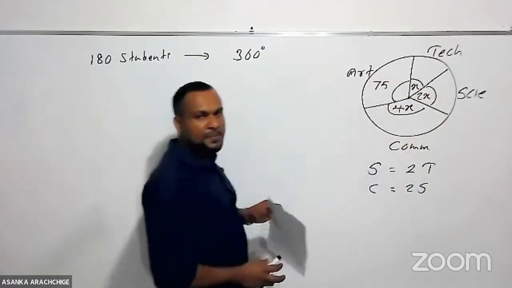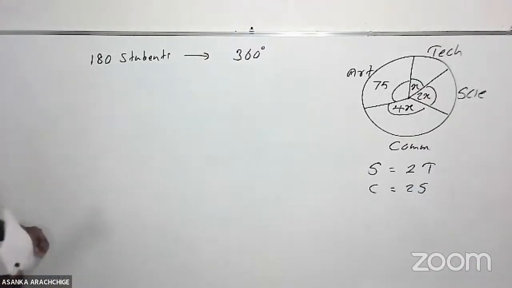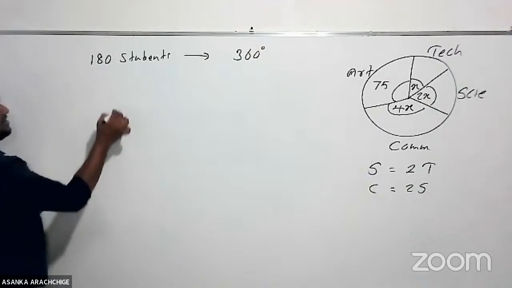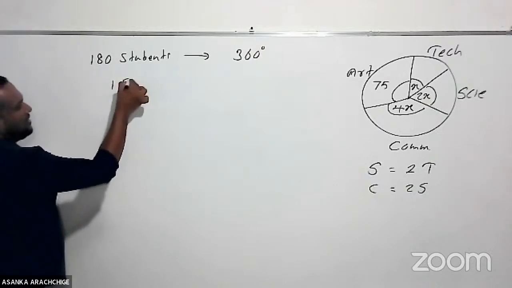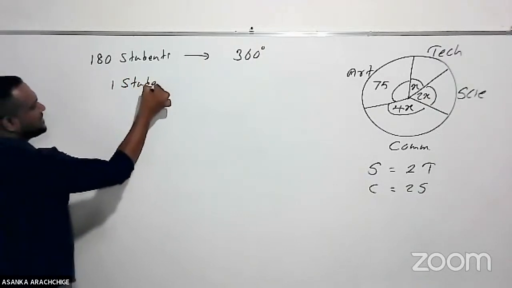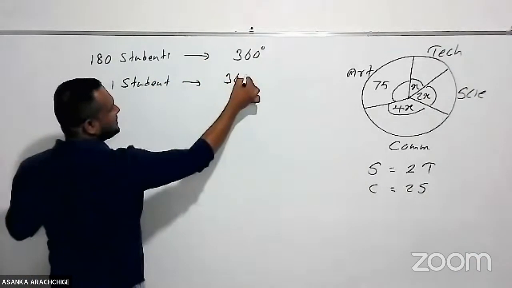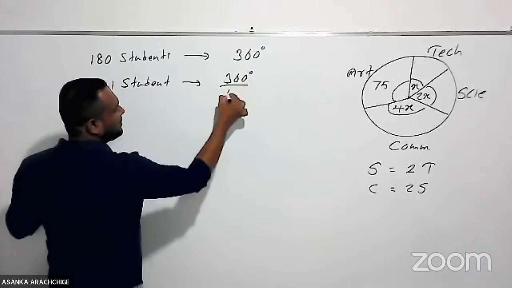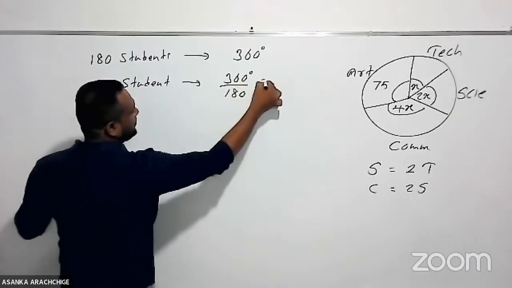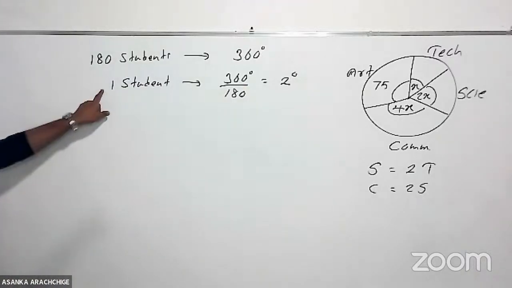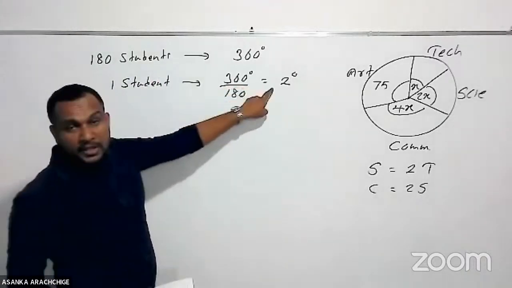If you divide both by 180, one student is represented by 360 divided by 180, which means 2 degrees. To represent one student, we need 2 degrees.